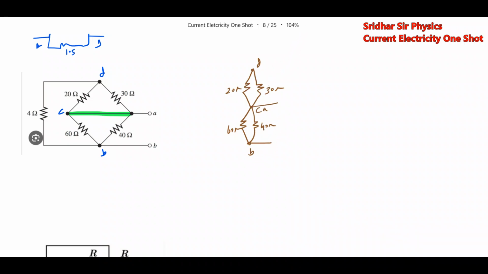So these two overlapping ones will not get added to the resistance. The effective resistance RAB will be 60 into 40 by 60 plus 40, 2400 by 100, which is 24 ohm only. These resistances will not get added up to the circuit. Very simple, very, very important. That's why I brought this problem.